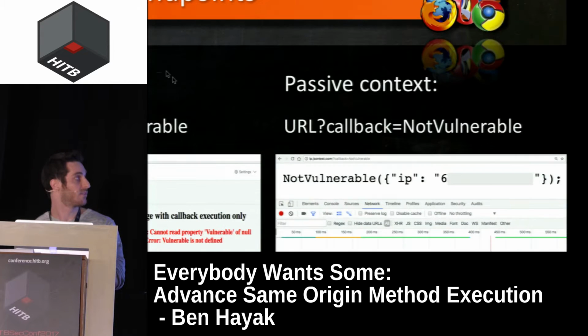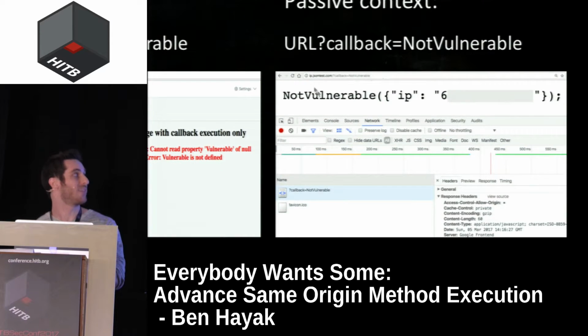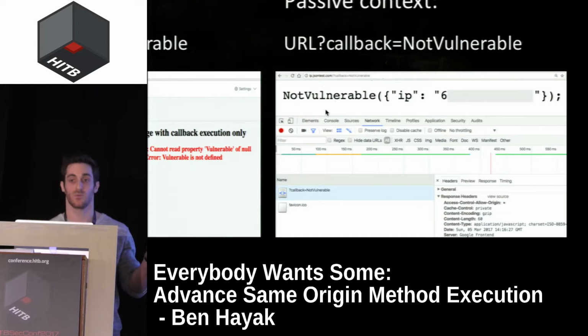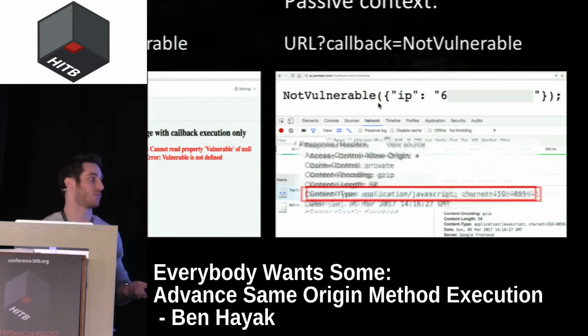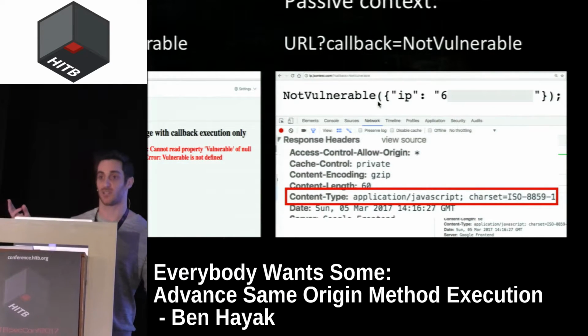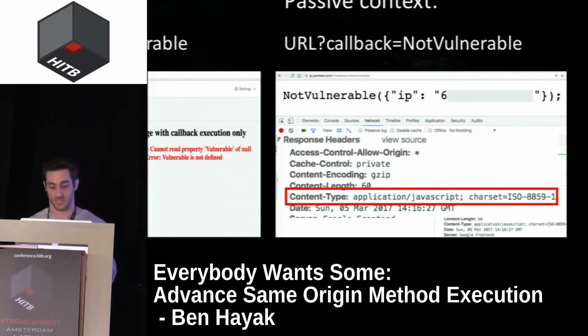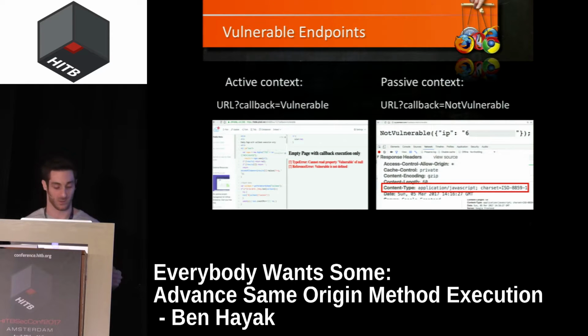Same process, you type in something in the callback parameter, and you see it renders whatever you write to the page. That means that's not good for you. It's just like a direct access to a JSONP endpoint. The content type is passive. It's application JavaScript or application JSON. This is not execution. So unless you chain this with something, this is not vulnerable. And I really wanted to make sure people understand the differences.